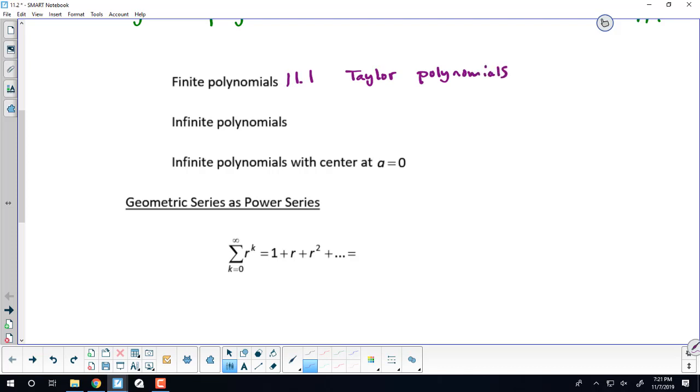Infinite polynomials are looked at in 11.2, 11.3, and 11.4, more or less. And when we have an infinite polynomial with a center at a equals 0, it has a special name called the Maclaurin series.